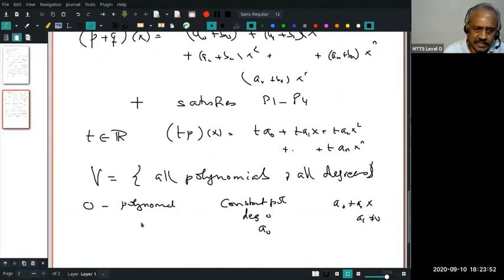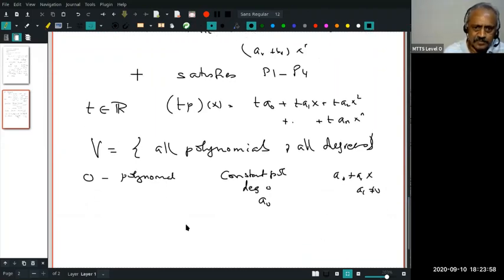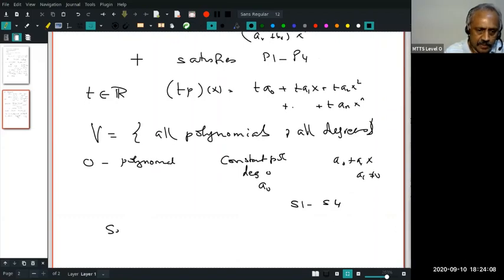The zero polynomial you don't assign any degree. Sometimes you may assume it's minus infinity or 0, but let's not worry about such things. So you can see the scalar multiplication also satisfies S1 to S4. Therefore, the set of polynomials is a vector space over R.